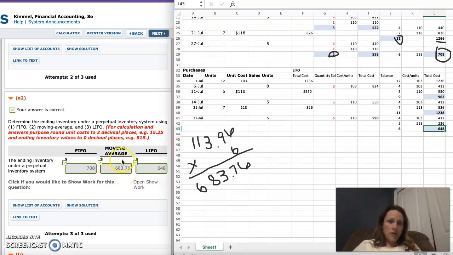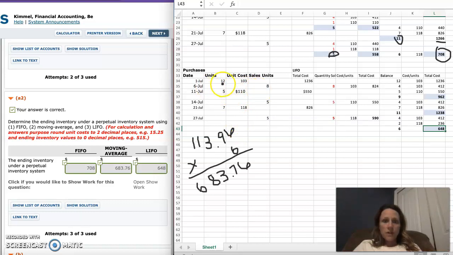for the moving average. So for LIFO, we're going to do last in, first out, and that's a little harder with periodical because you can't just do it at the end. You have to go through each purchase and each sale.